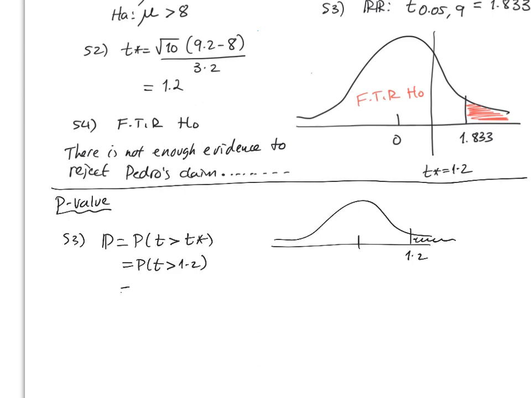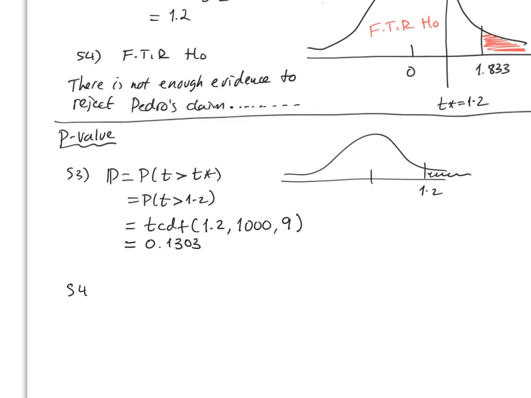If we use a calculator, this will be tcdf. The lower bound is 1.2. The upper bound is 1,000, and the degrees of freedom is 9. So how much is that from the calculator? 0.1303? Yeah. That's the precise value using the calculator.